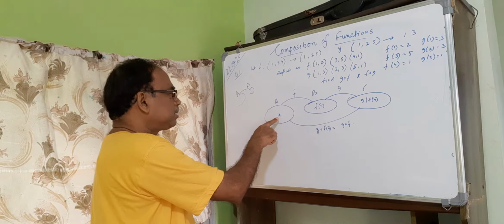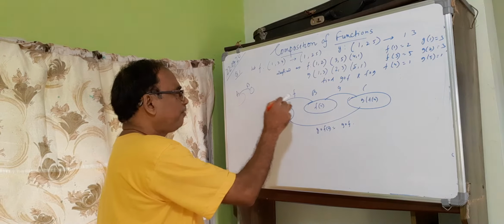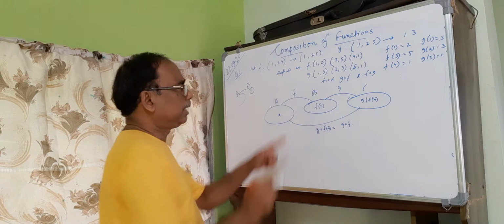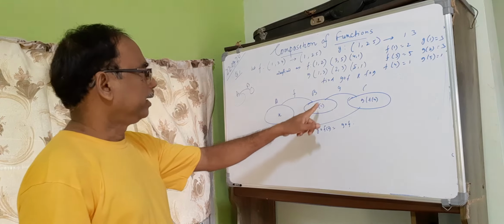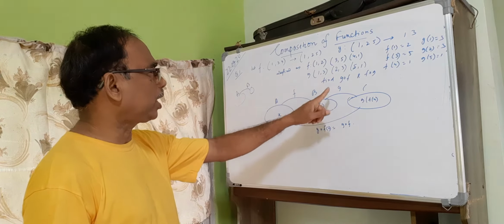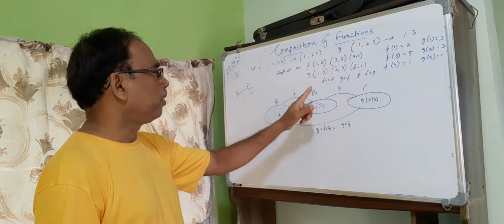Let x be any element, and the function of x from A to B is F(x), and from B to C, the function G of any element is G(F(x)). The function from A to C is G of F(x), that is GOF.